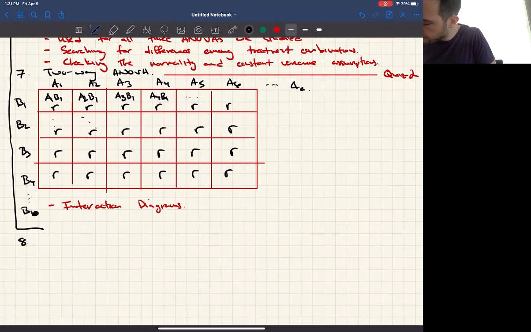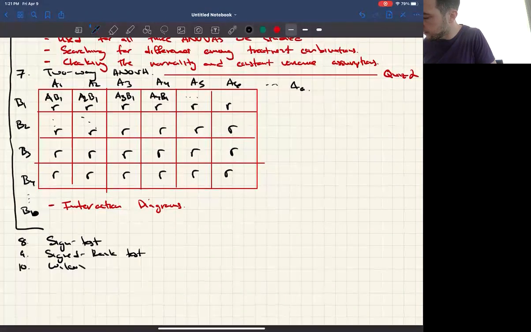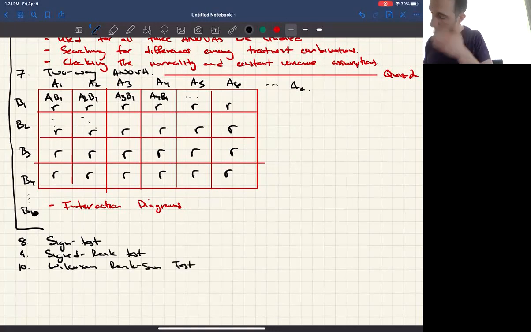So the third unit of the course was our non-parametrics unit. So we had the sign test. Okay. Then we had the signed rank test. Then we had the Wilcoxon rank sum test.